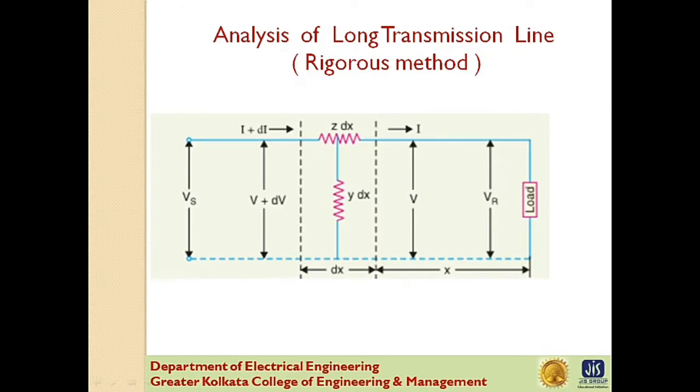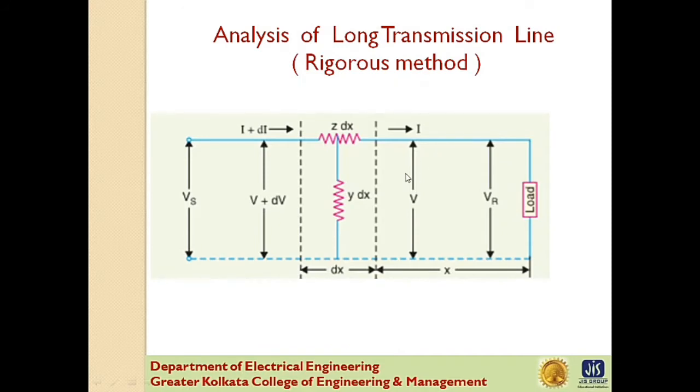Now consider a small element dx in the line, of length dx, situated at a distance x from the receiving end. z is the series impedance of the line per unit length, y is the shunt admittance of the line per unit length, V is the voltage at the end of the element towards the receiving end, V plus dV is the voltage at the end of the element towards the sending end, I plus dI is the current entering the element dx and I is the current leaving the element dx.